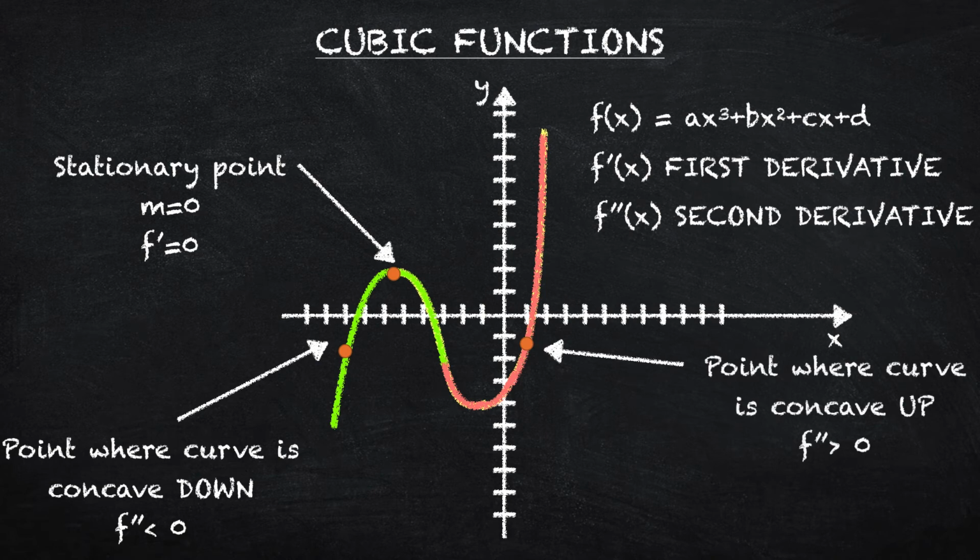So in general, all the points of the function where the function has a down concavity have a second derivative that is negative, while all the points where the function has an up concavity have a second derivative that is positive.